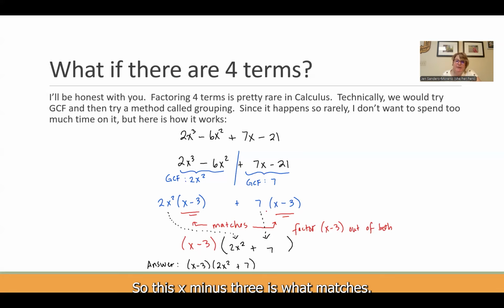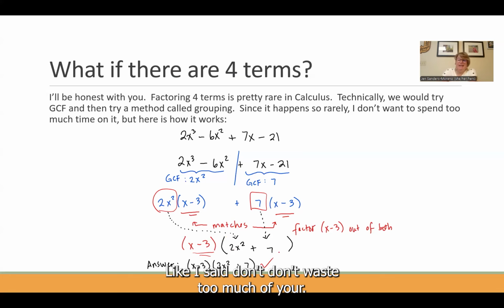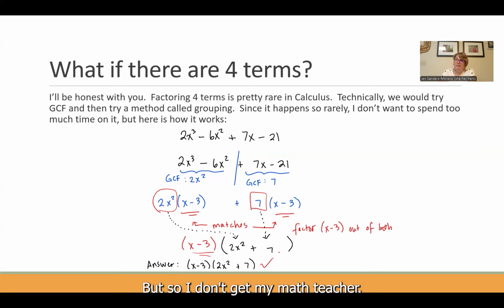So this x minus 3 is what matches. So it's out here. And then you write what's left. So what's left is a 2x squared and a 7. And so there you go. Factoring by grouping. Like I said, don't waste too much of your time trying to do that. But so I don't get my math teacher card revoked, I had to at least show you it.